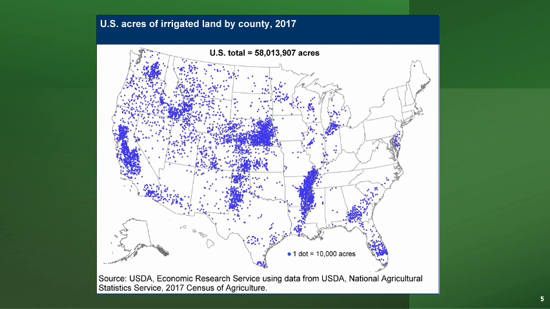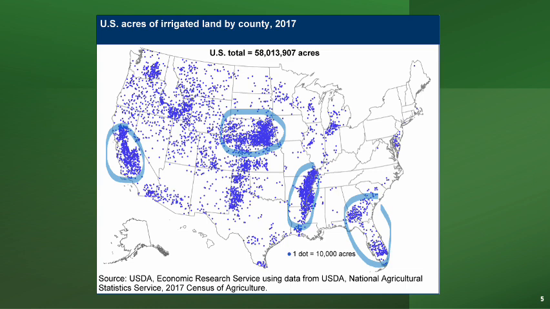If we take a closer look at this map, we can see where the irrigated areas in the US are. Here we have California, the Midwest, the southern parts, Florida.